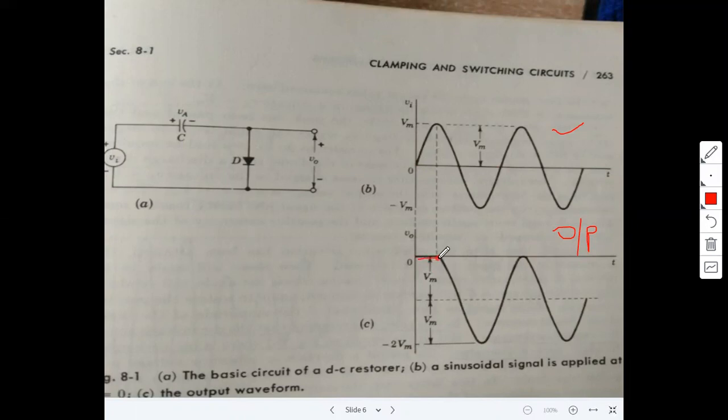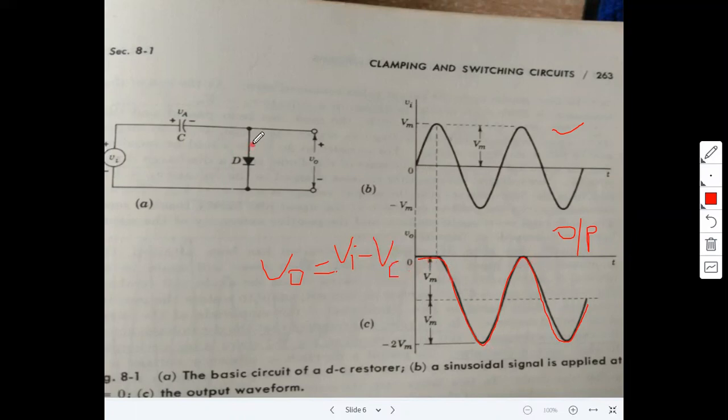Then after that, output simply follows the input. The expression is V naught is equal to Vi minus Vc. Based on that, output follows the input.